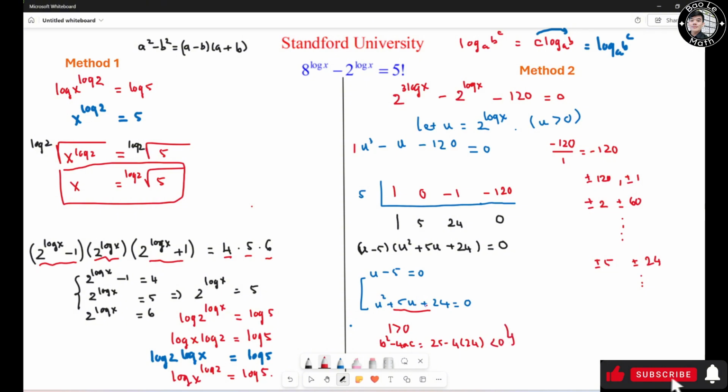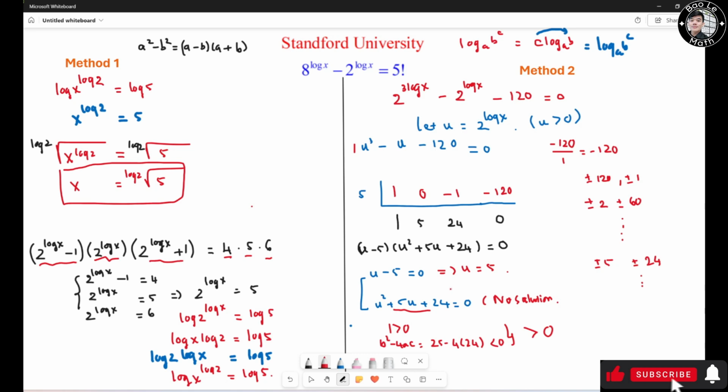So the quadratic function has the same sign as a, which is always positive, so it can never be equal to 0. So this has no solution. We only have one solution, which is u equal to 5.